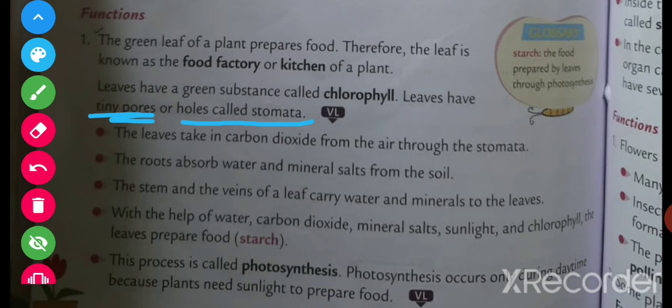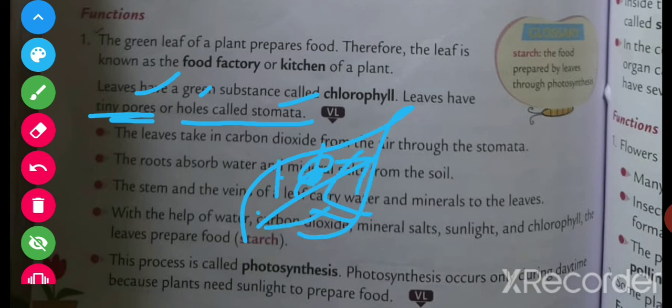You take a leaf and look carefully and observe it. The leaf has pores. Pore means holes. They are called stomata.